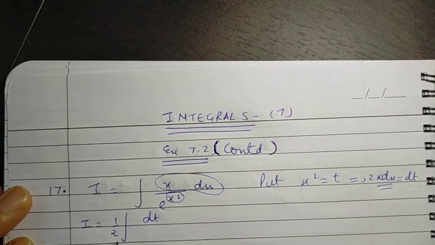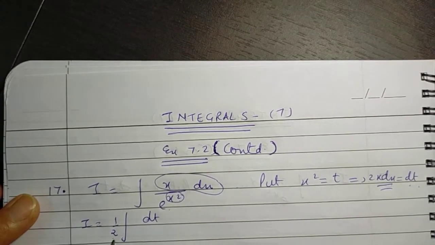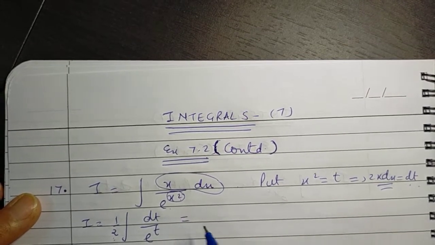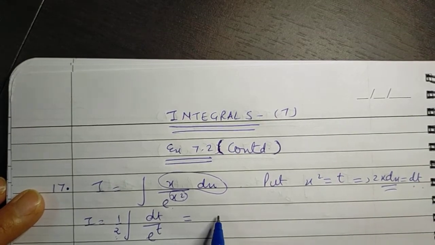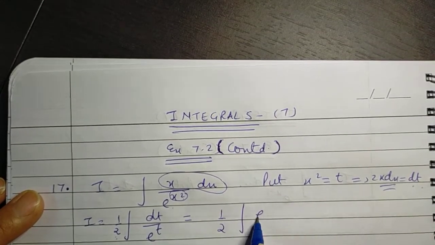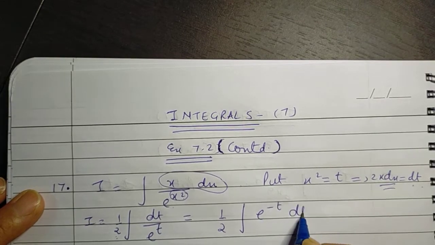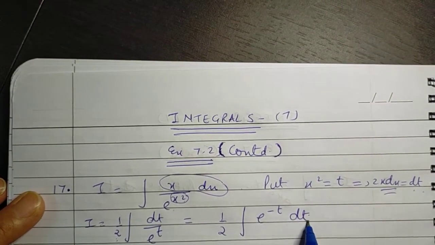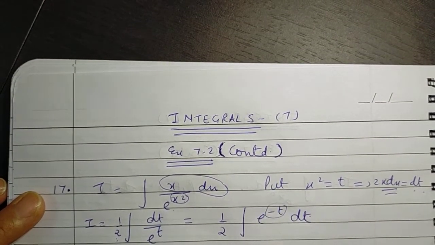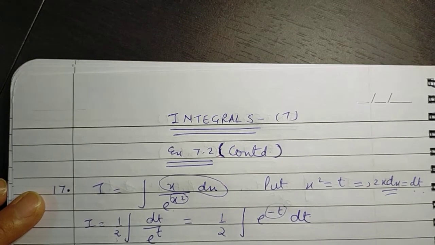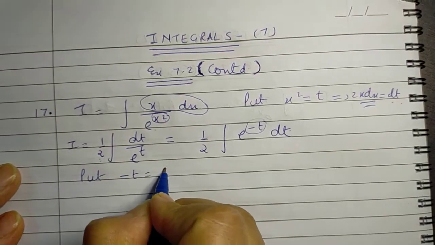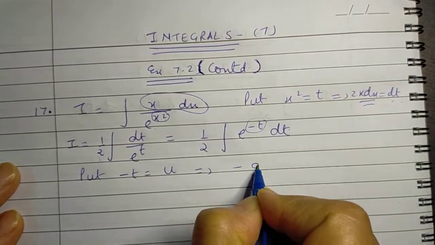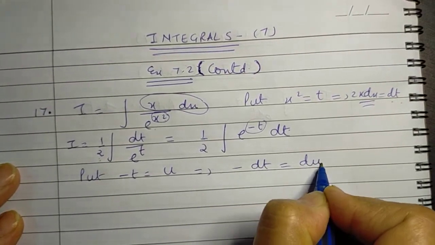So dt upon 2, half I have taken outside. And here it becomes e raised to the power of t, which can be written as half of the integral of e raised to the power minus t dt. Now again it's a function of a function, so we put minus t as, let's say, u, which gives us minus dt as du.